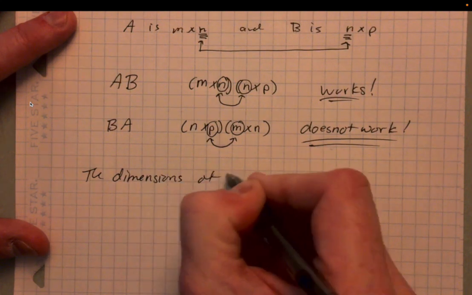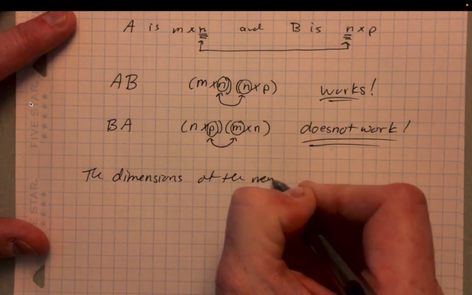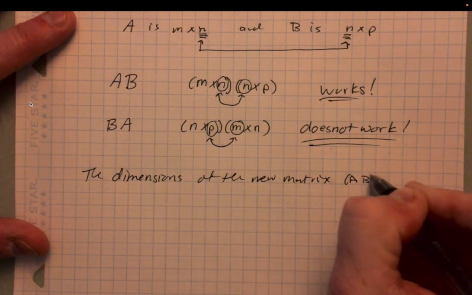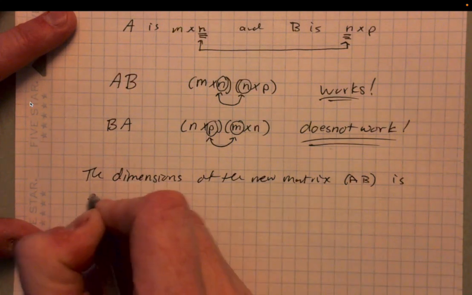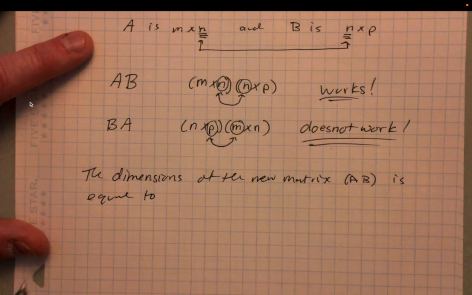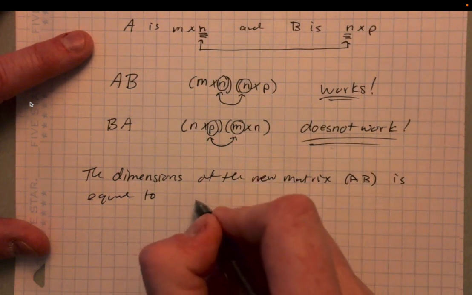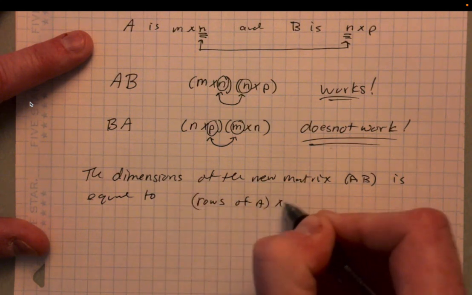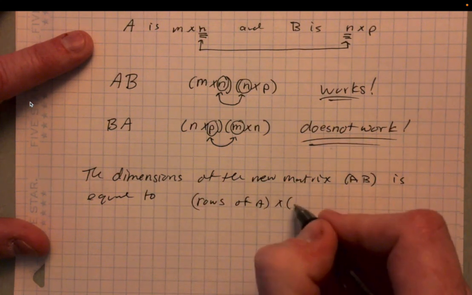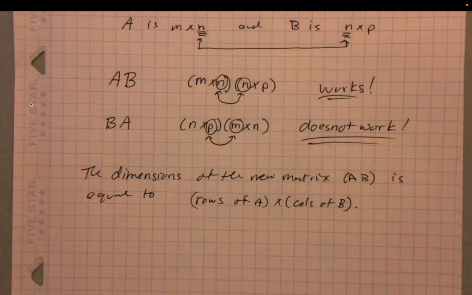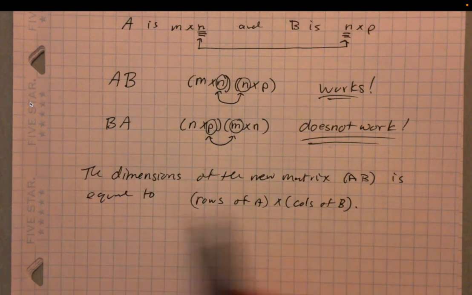The size of the new matrix, AB, is going to be equal to the number of rows of A by the columns of B. So the new matrix, AB, is going to have this dimension.